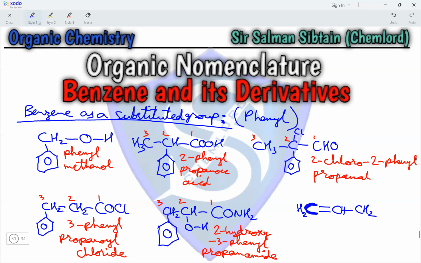So this is propene. And on the last CH2, we place a phenyl group here. So the numbering of this compound begins from left to right because the preference will be given to the double bond. So 1, 2, and 3. So the name of this compound becomes 3-phenylpropene. And that is how the benzene molecule is treated when it is present as a substitute group on an organic compound having another functional group present on it.